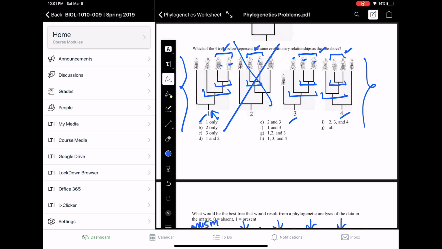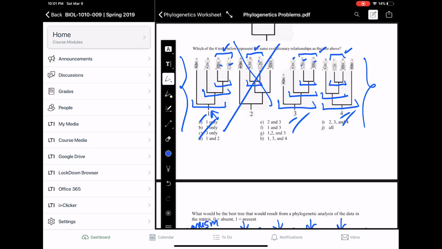So we move on, and then we look at the other group, that's A, B, C, and D in each tree. So basically, trees 1, 3, and 4 tell you basically the same thing.